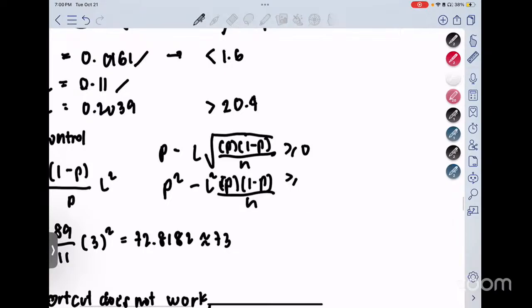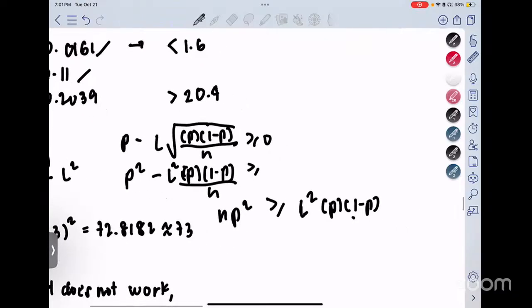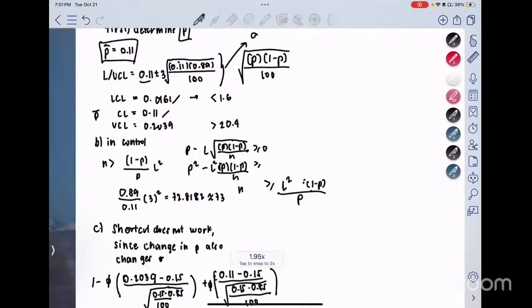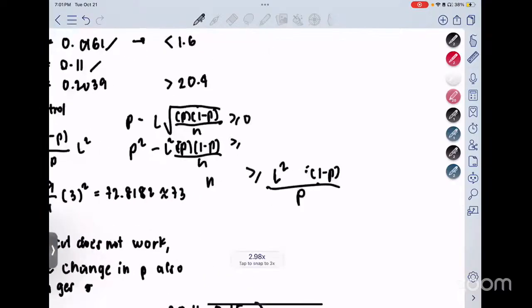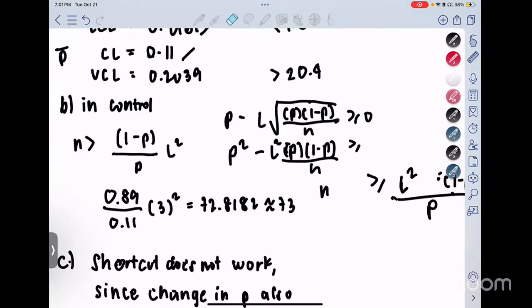So ita-transpose ko siya to the right-hand side. P squared, L squared, P(1 minus P). Then I multiply both sides by n. So magiging ganito. I divide both sides by P squared. So then makakancel yung isang P. Yeah, that's basically it. n has to be greater than that, not equal.